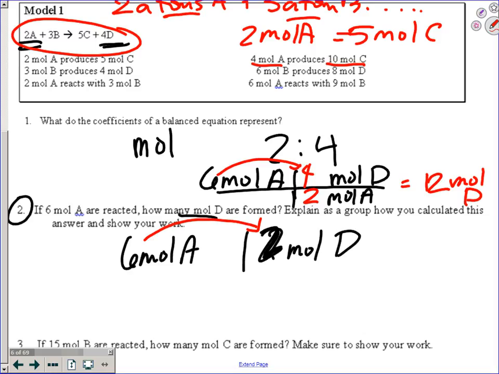Wait, so like you use this guy. So 25 is what? Moles of things.